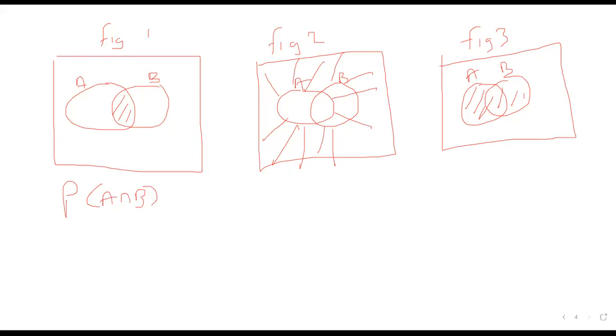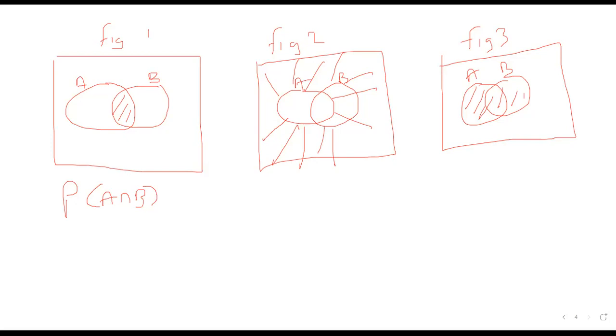Figure 2, maybe A complement. Maybe A union B complement? Another view: can it be just A complement, not A complement intersection B complement?